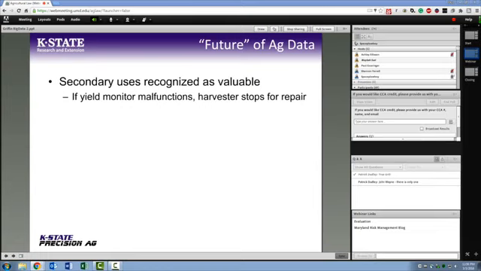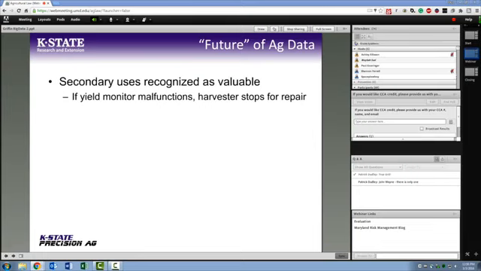And one of the questions I will throw out to farms is, if your yield monitor ceases to work today during harvest, do you A, stop the harvester to get the yield monitor operational again, or B, keep on harvesting? And I get different responses. A few weeks ago, I asked this question, and a gentleman stood up, and I'm going to paraphrase and soften his statement.